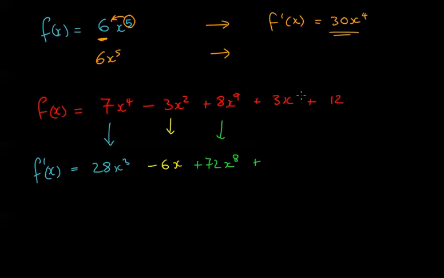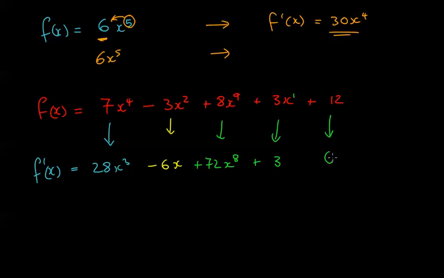What happens here? That's technically a power 1, and the 1 times the 3 gives you a 3, and then it becomes x to the power of 0, but x to the power of 0 is just 1, so it becomes 3 times 1, which is just 3. So this one just differentiates to 3. What happens to any number that's on its own, that has no x's next to it?